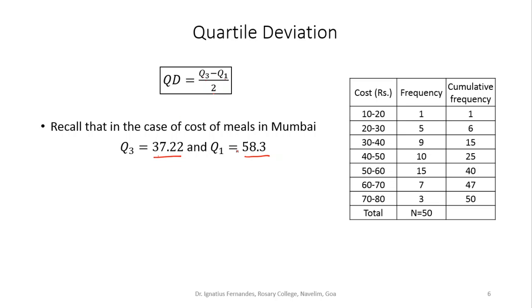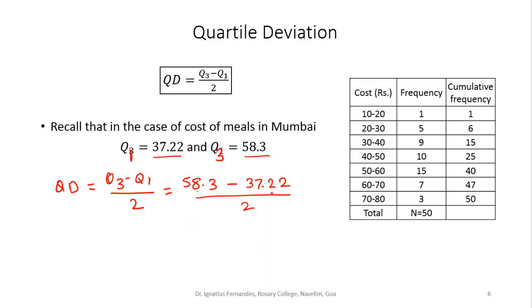So once I know Q1 and Q3, once I have calculated it, the quartile deviation is defined as Q3 minus Q1 upon 2. So this is going to be 58.3. This is Q1 and this is Q3. So Q3 is 58.3 minus Q1 is 37.22, divided by 2.